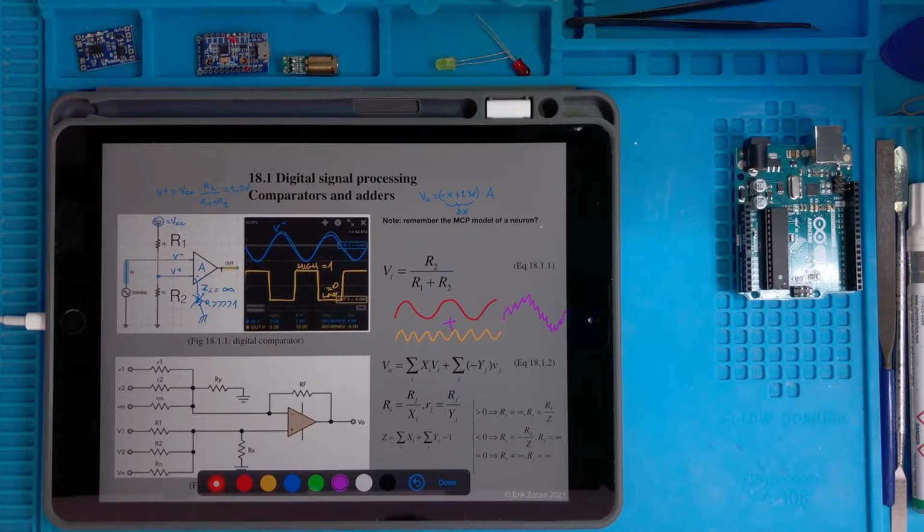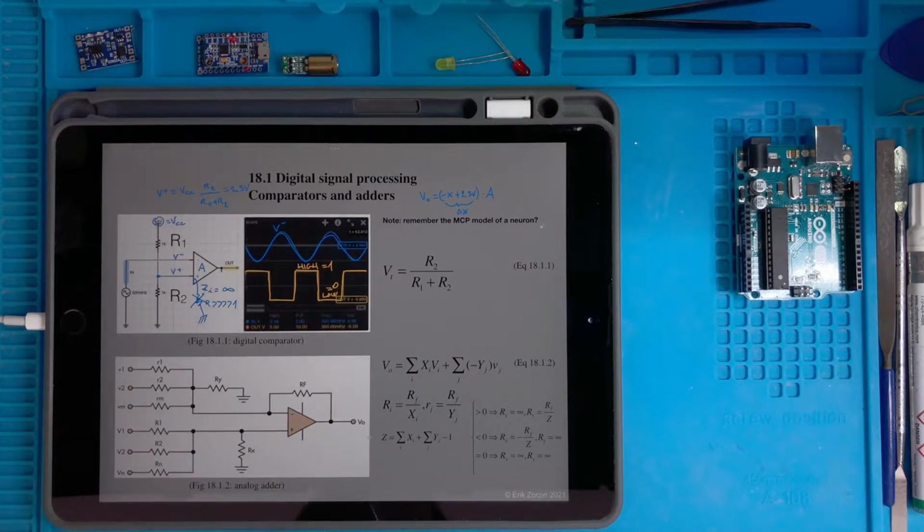So analog summation. This can be useful also for implementing the summation node of a neural network implemented with operational amplifiers.